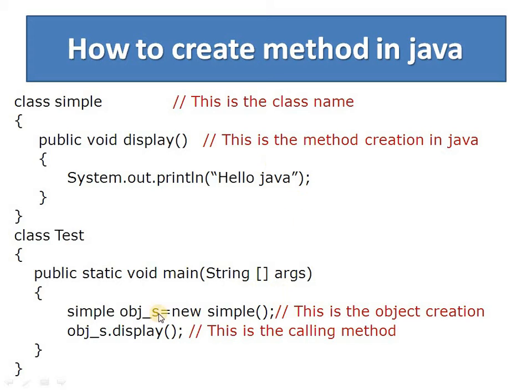Simple object equals new simple. This is the object creation. And I am calling here the display method, object dot display. This is a very simple program in Java. We will see the execution of the program. Let's see.